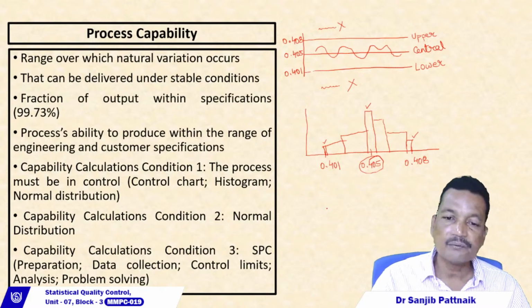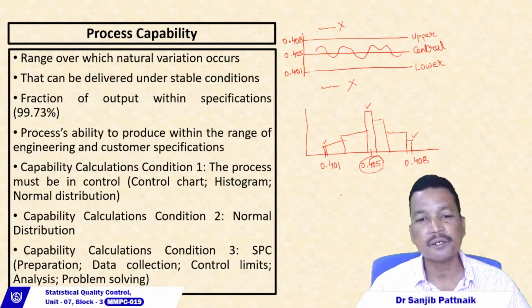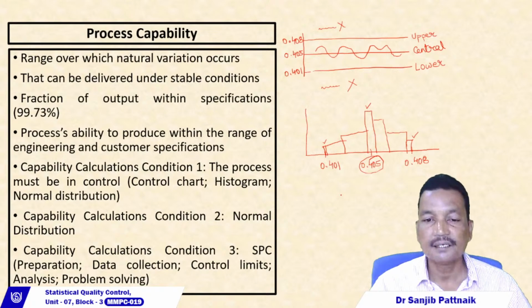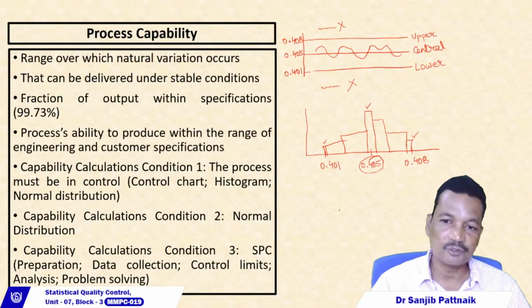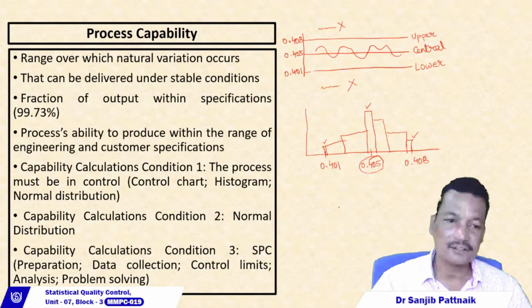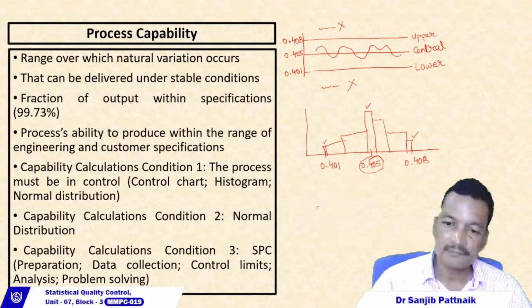Similarly, when we are talking of distributions, we take the help of statistical normal distribution curve, which is our second condition, normal distribution. What is there? Now, statistically, you can check.